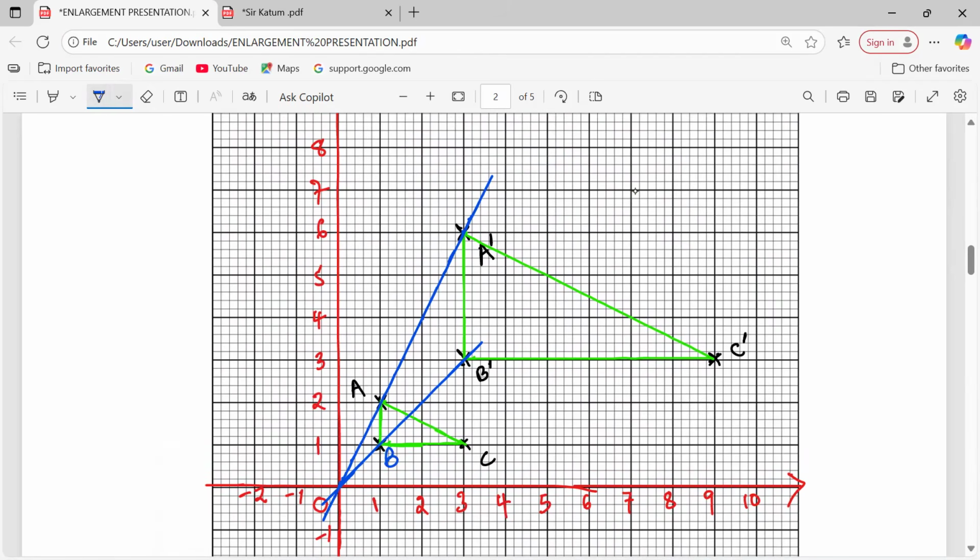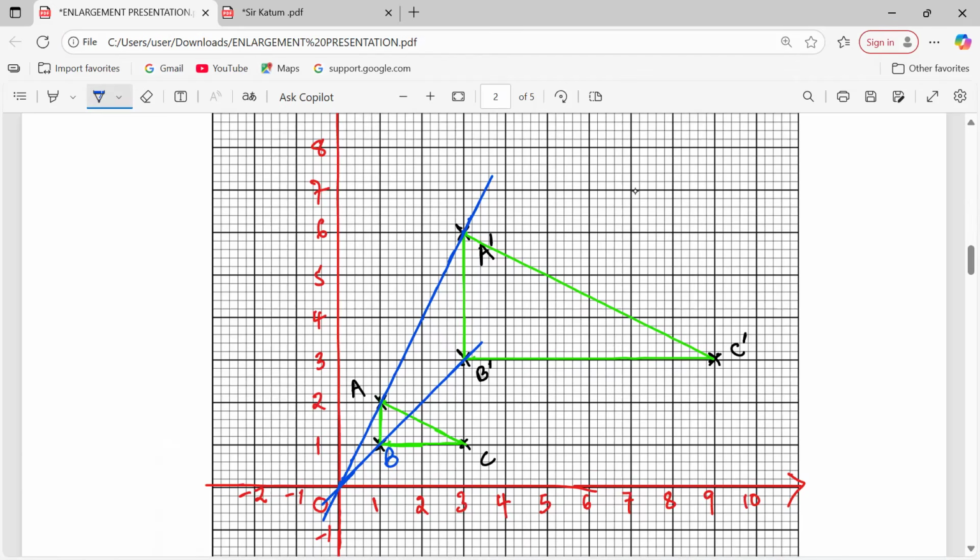At this point, I can also say that we can do the same for C. So this one we are just doing for confirmation, but two are already enough. A to A prime and B to B prime have already met somewhere and they have shown us the center of this particular enlargement.